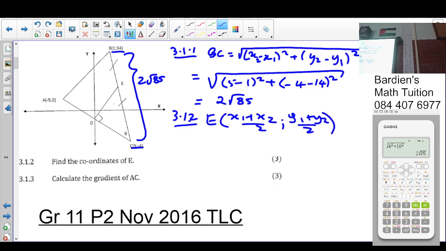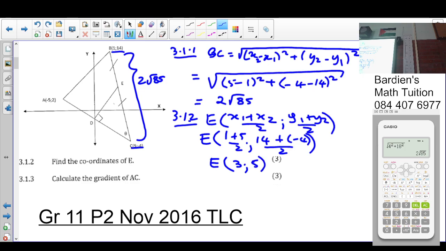People, these formulas you guys must memorize for your exam, okay? We're not going to get the formula sheet. We won't be given the formulas in the exam. So you got 1 plus 5 over 2 and 14 plus negative 4 over 2. So 6 over 2 which is 3 and 10 over 2 which is 5. That's going to give you E which is 3 and 5.